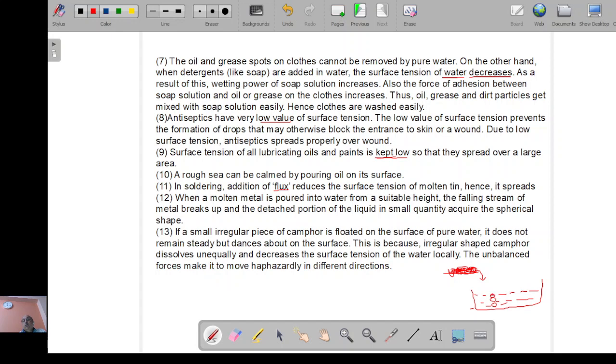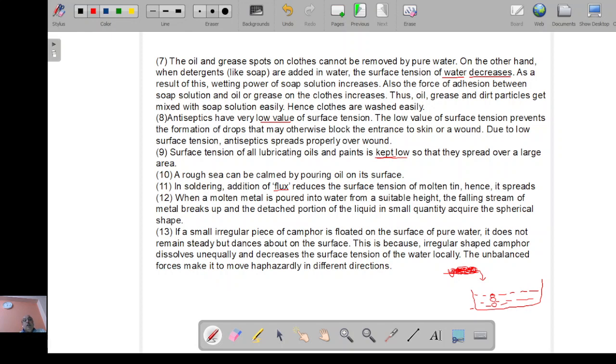This is because they have a tendency to make the smallest surface area for the same volume, and the shape that does so is a sphere. So balls of metal will be formed.